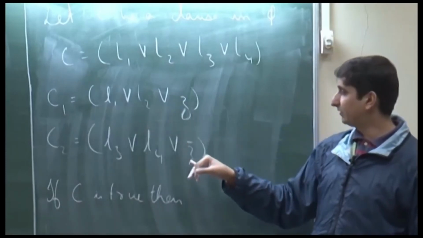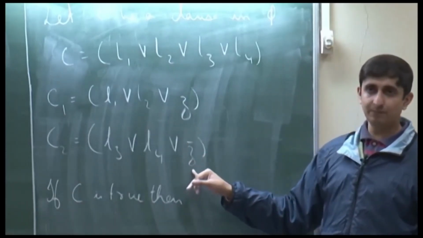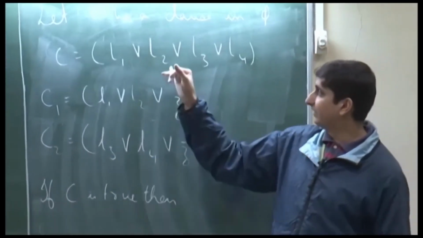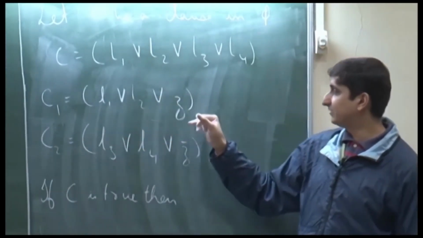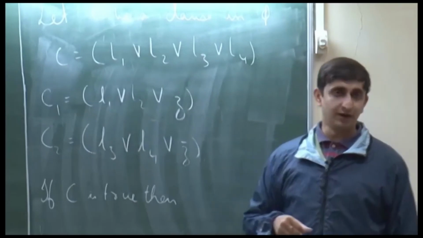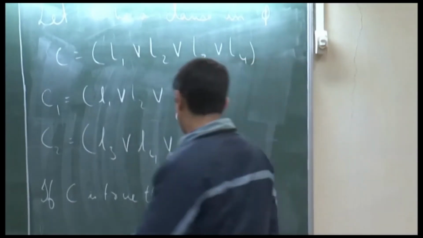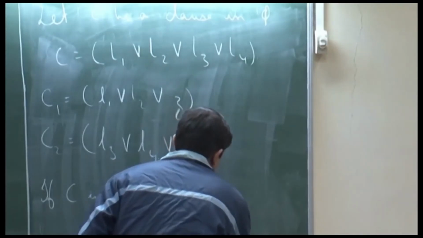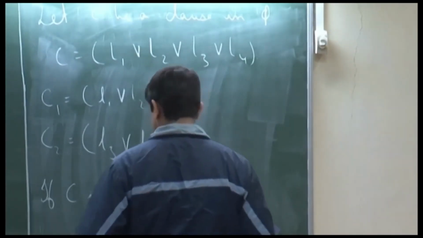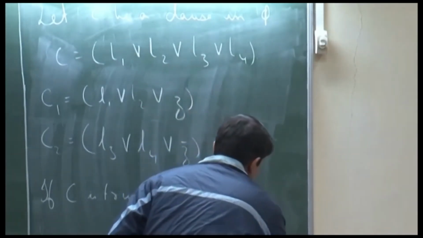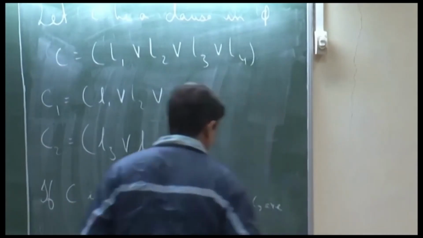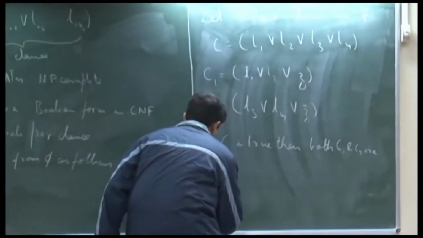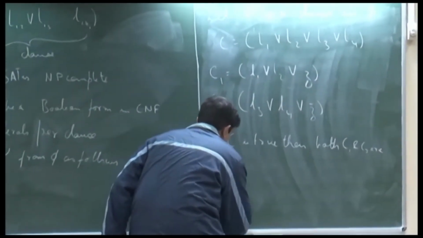Then we pick Z to be 0, which also makes C2 true, and if that literal belongs to C2, then we set Z to 1, which makes C1 true as well. So, if C is true, then both C1 and C2 are true.